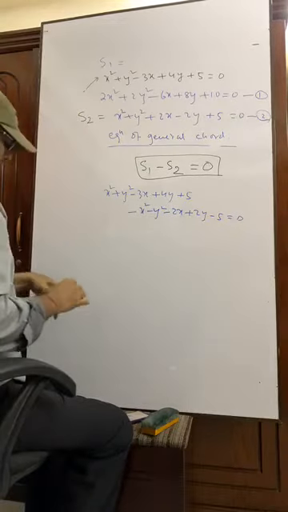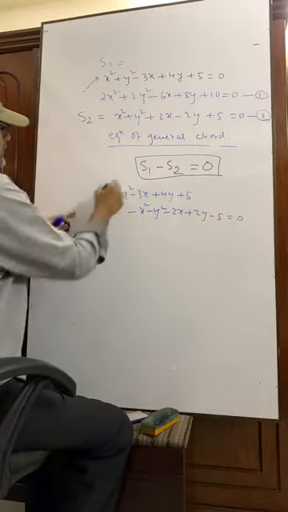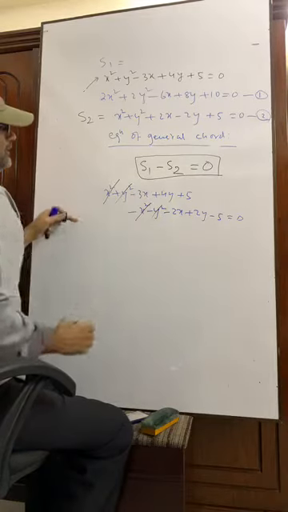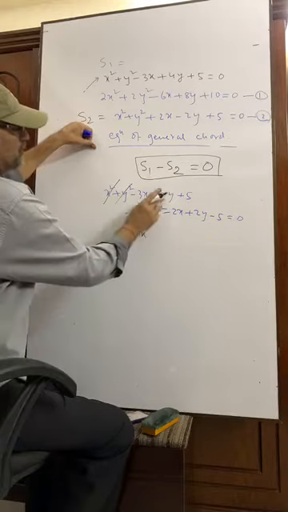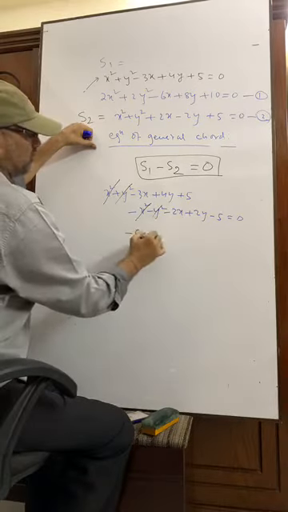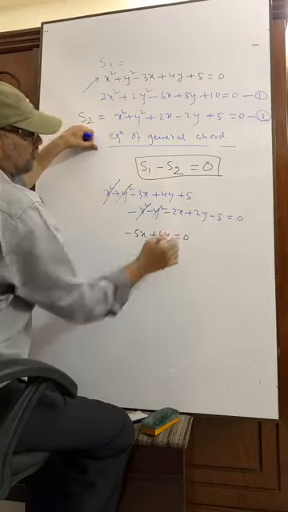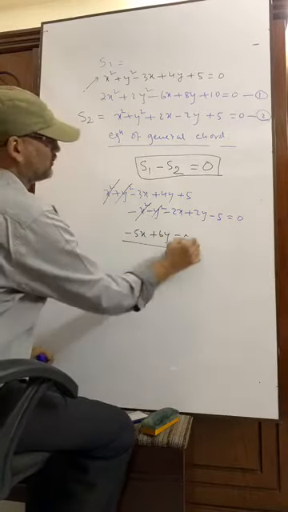So the squares will be omitted. Minus 3x minus 2x equals to minus 5x, plus 4y plus 2y equals to 6y, equals to 0. So we are getting now a straight line.